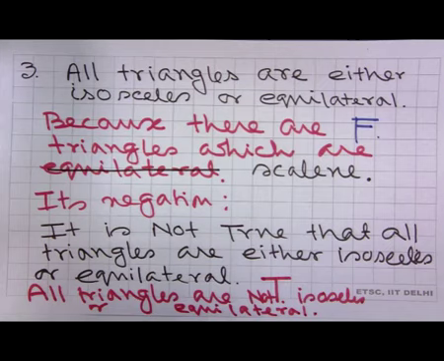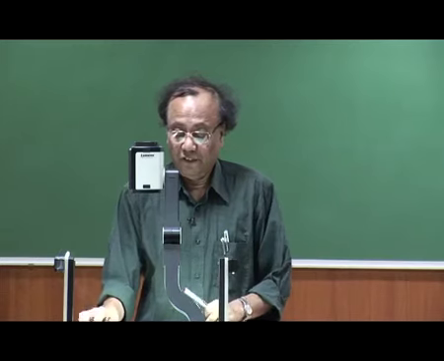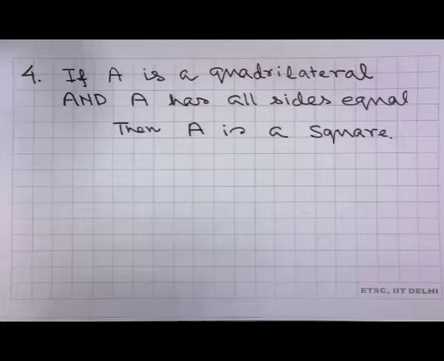Now, let us see another problem. If A is a quadrilateral and A has all sides equal, then A is a square. Is it correct?